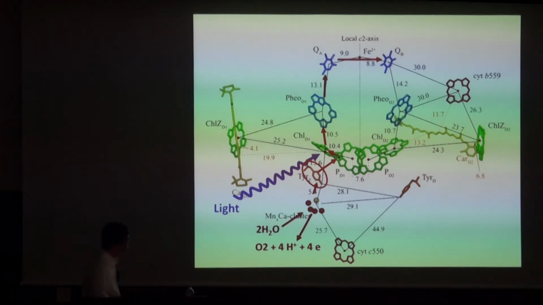And what was interesting we found in the structure is that, in addition to the electron transfer function for this tyrosine residue, it is in a position for a hydrogen bond network connecting this cluster to the outer surface of the protein complex.